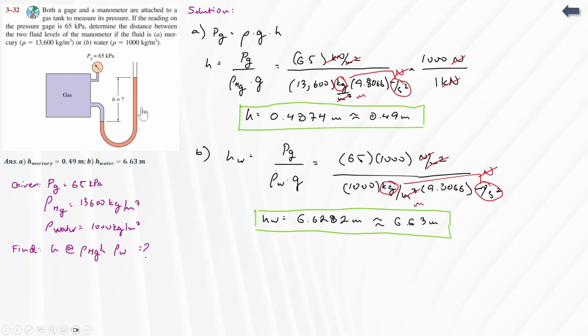So you will be needing a much longer tube to accommodate such height difference. Whilst when you're using mercury, you just only need half a meter of it.